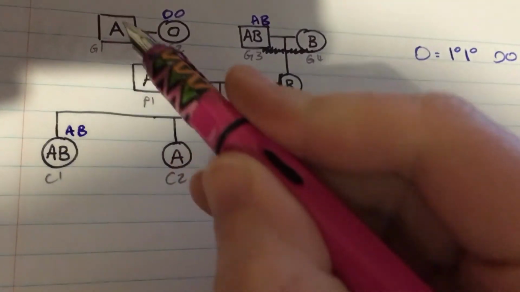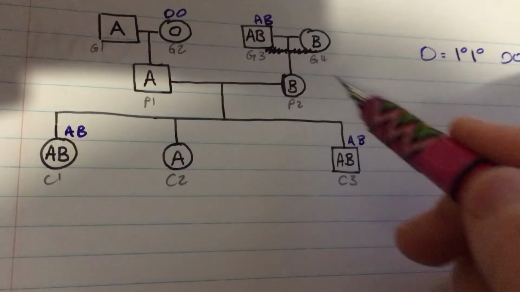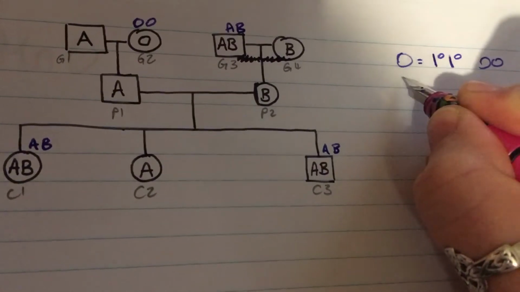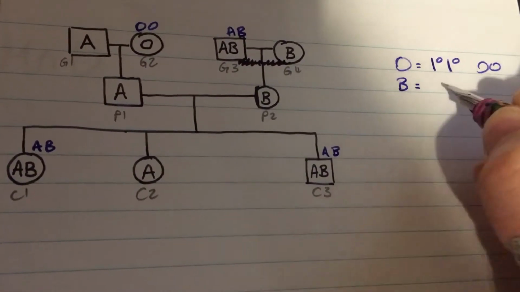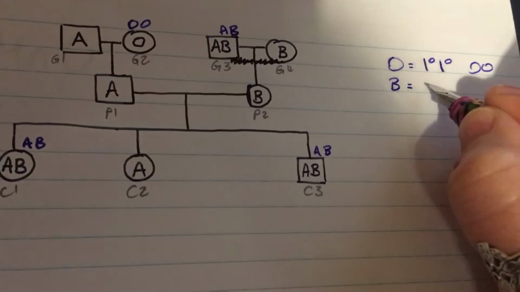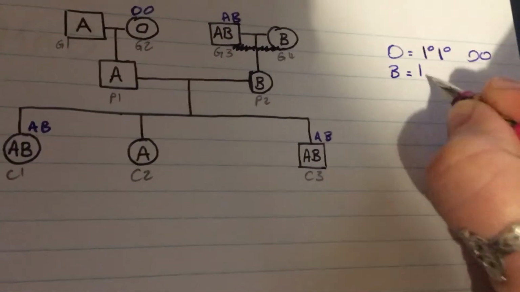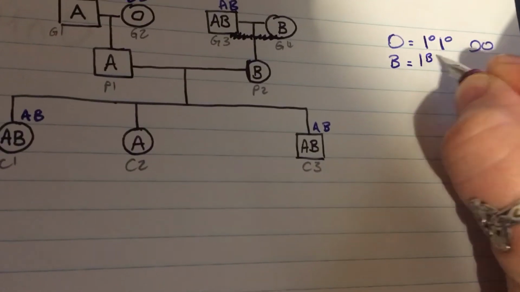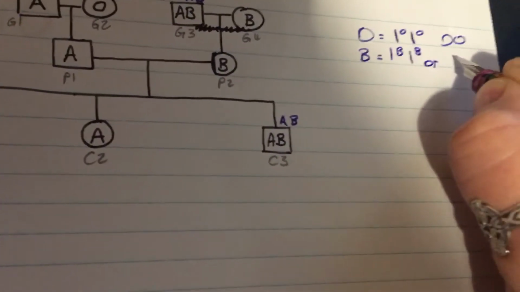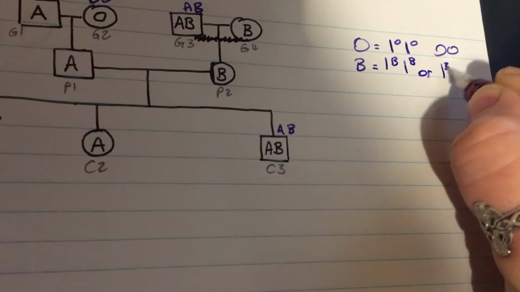Okay, now the trouble is when we get to these guys who have a dominant phenotype, which means that there are multiple different genotypes that can cause them. To get B, for example, you could get BB, or you could have BO.